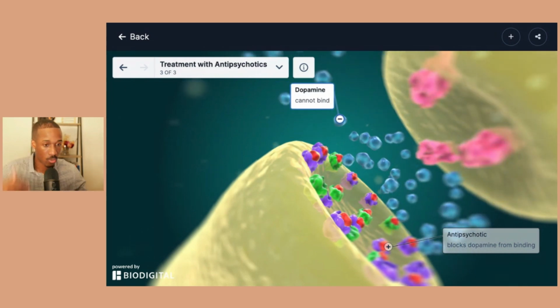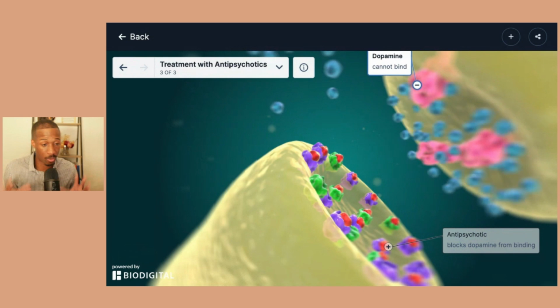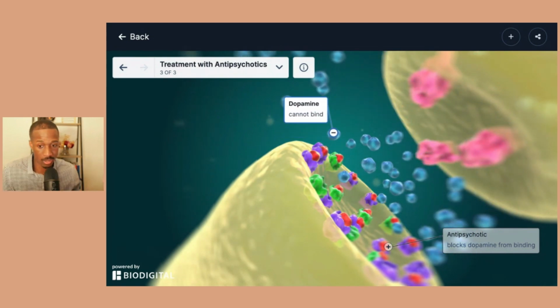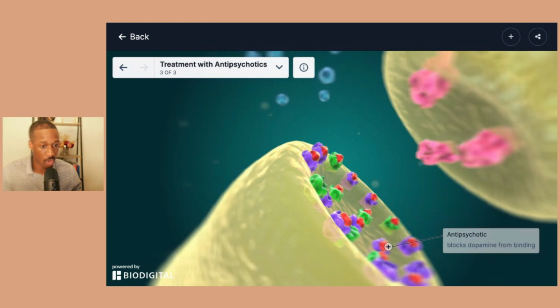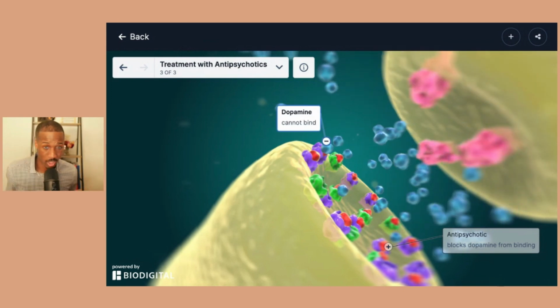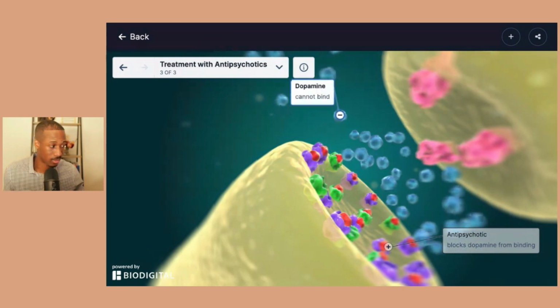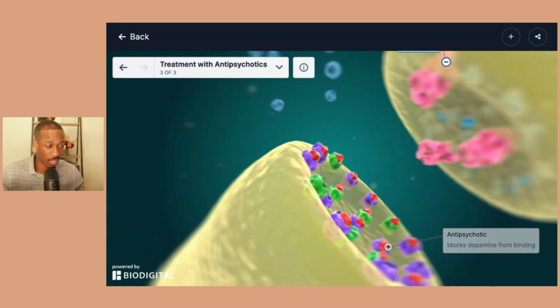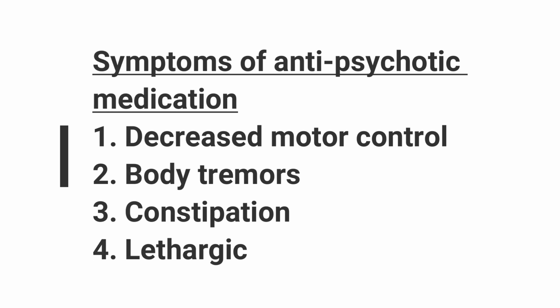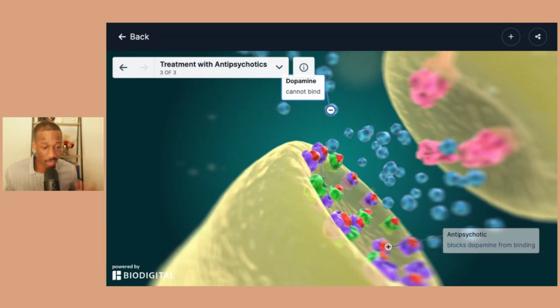So the more you block, dopamine is prevented from actually binding onto the neuron and correlating with some of the psychotic effects. Now, you can imagine if you're going to block dopamine, there are going to be some side effects. Some of the side effects from antipsychotic medications could include decreased motor control, body tremors, constipation, or just feeling very lethargic. Imagine dopamine is a very important neurotransmitter in terms of pleasure and motivating yourself to do something.